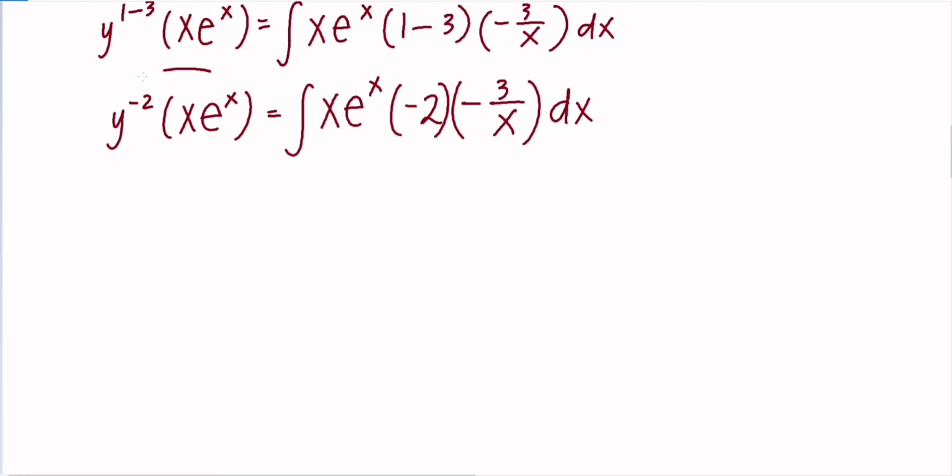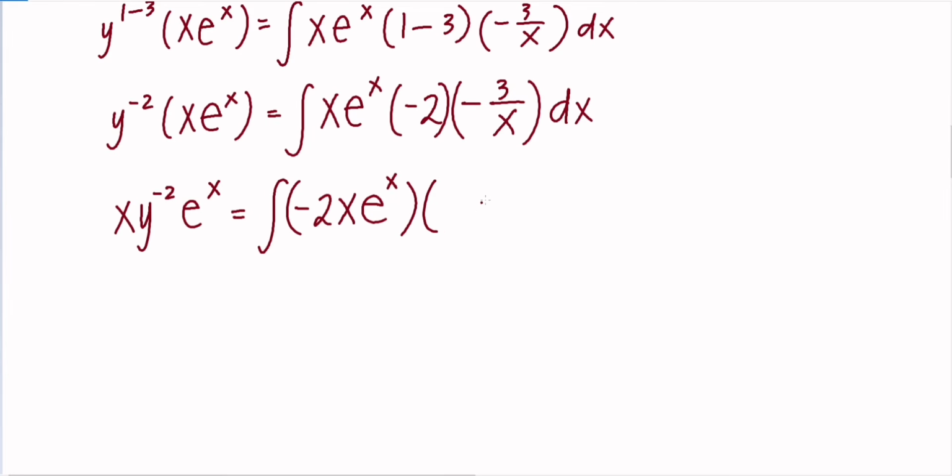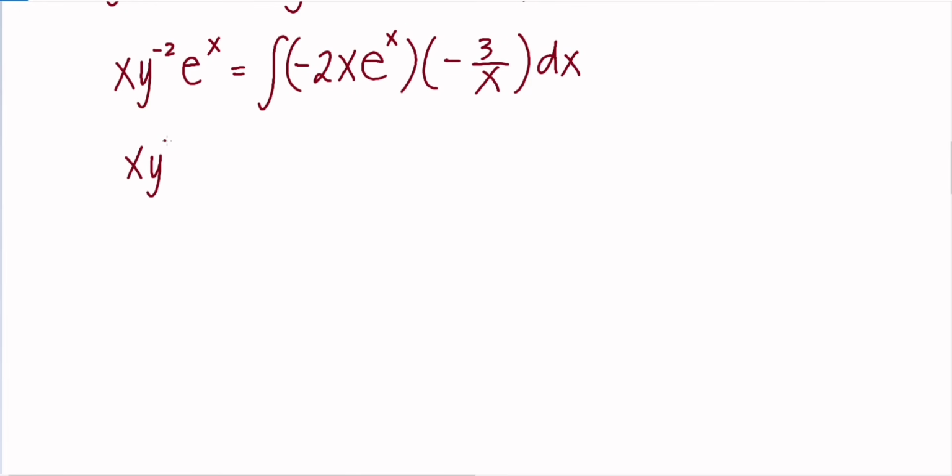I just rearranged this, guys: x, y raised to negative 2, e raised to x equals the integral of, when we multiply everything, negative 2x e raised to x, times negative 3 over x dx.